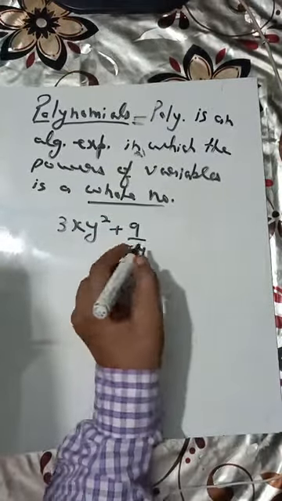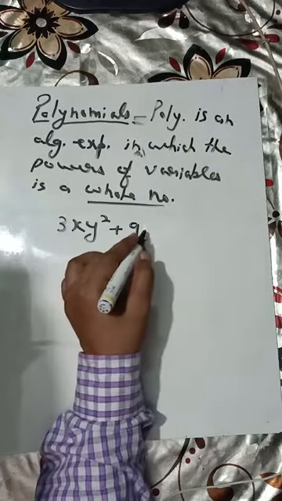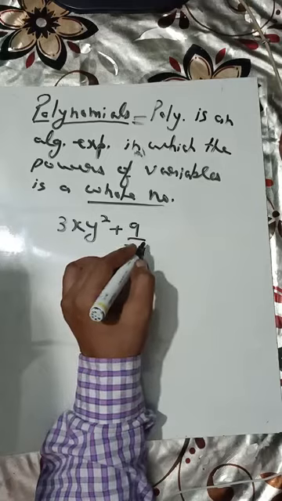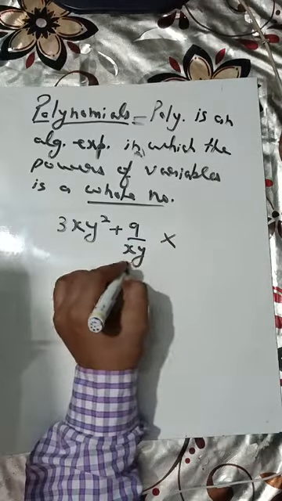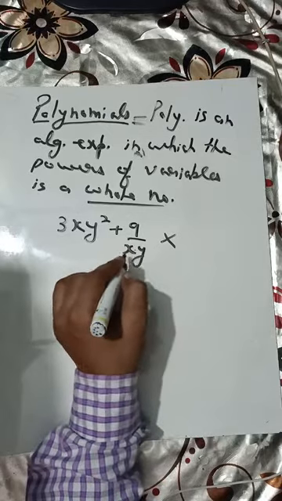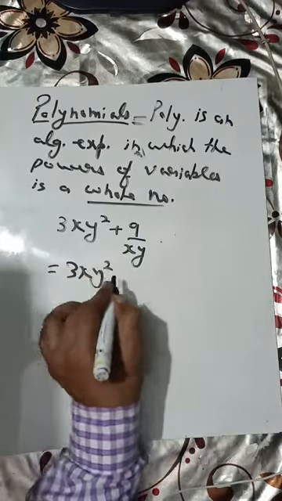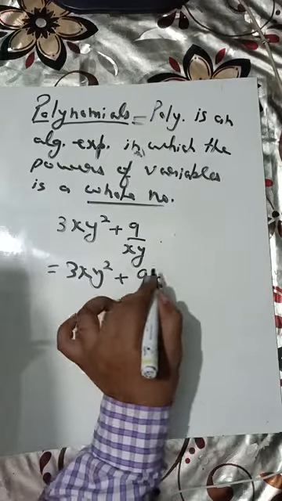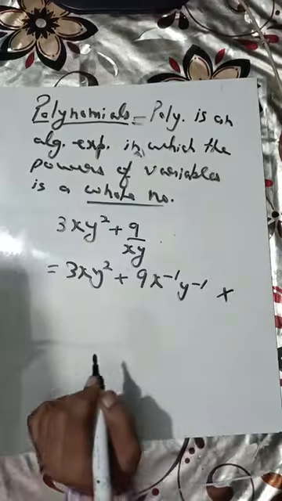Now look at this, the variable comes in the denominator. When you bring it up, the power will become negative. So this is not a polynomial because it will be written like this: 6 square plus 9 x raised to power minus 1 y raised to power minus 1. This is not a polynomial.